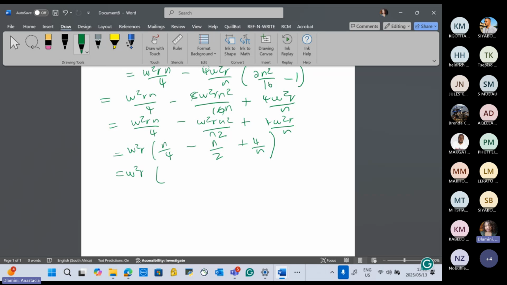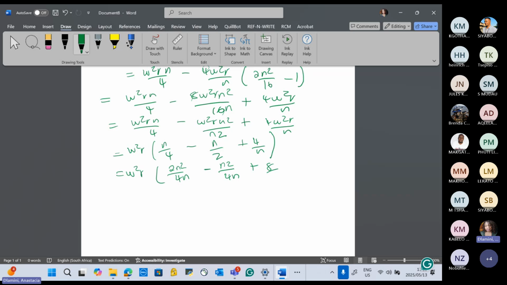Okay. So meaning that on top it will be 2n squared, right? Over 4n minus n squared over 4n plus 8 over n. Is it 8?